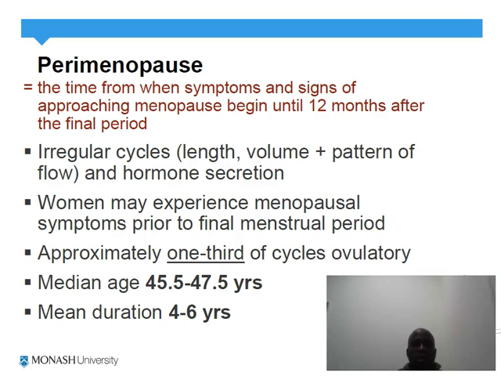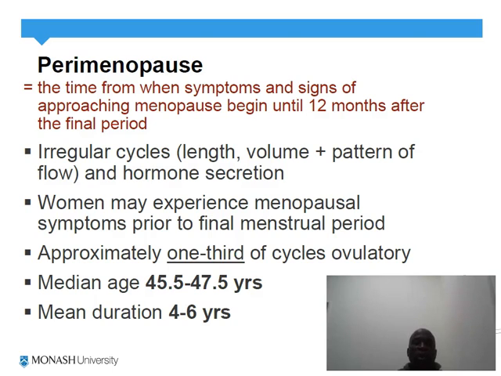So you have on and off kind of periods, and usually the irregularity is based on the length of the period, the volume of the flow, and also the hormone secretion. So the irregularities will be at all those levels. Women may experience menopausal symptoms prior to the final menstrual period. So when that happens, just know that it's the perimenopause period.